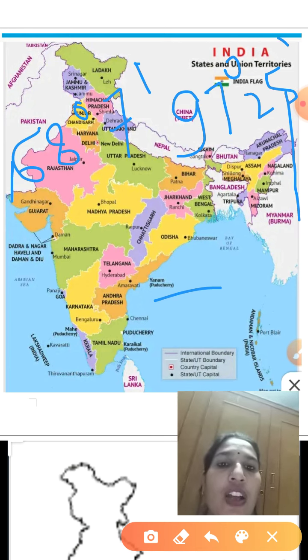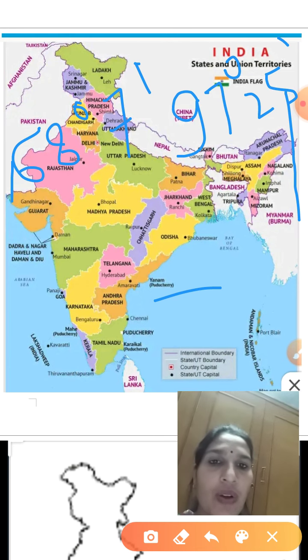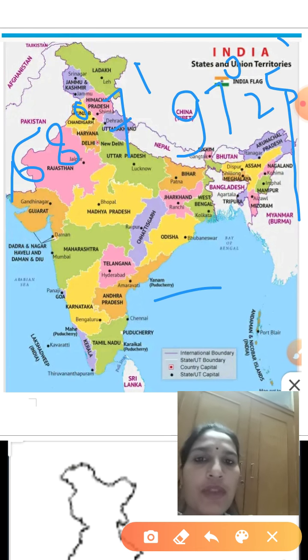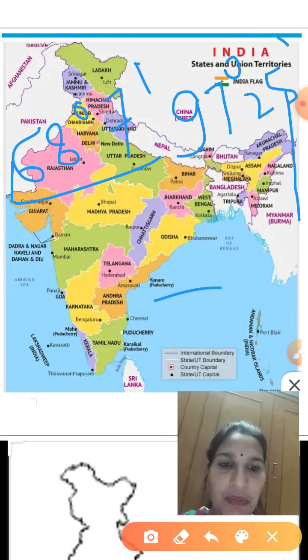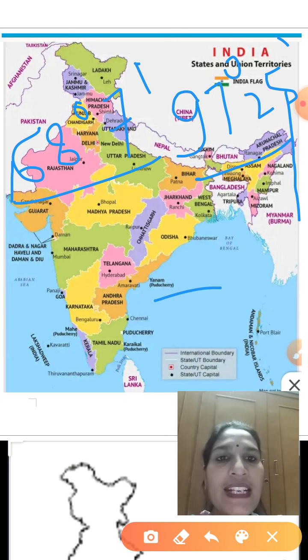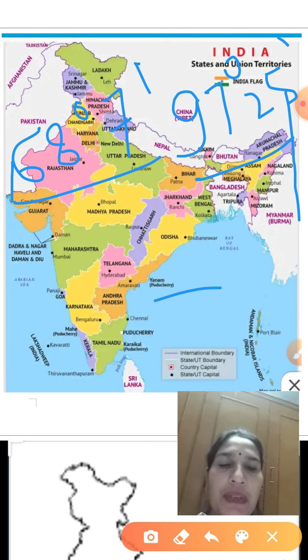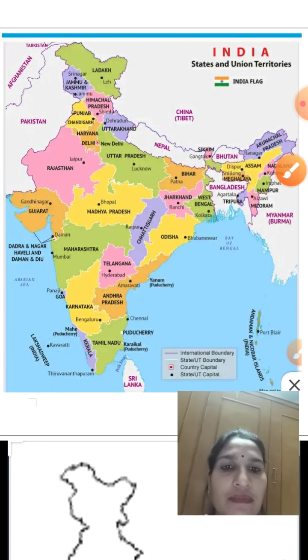So the longitudinal extension of India is from 68 degree 7 minute to 97 degree 25 minutes. This is the latitudinal and longitudinal extension of India.